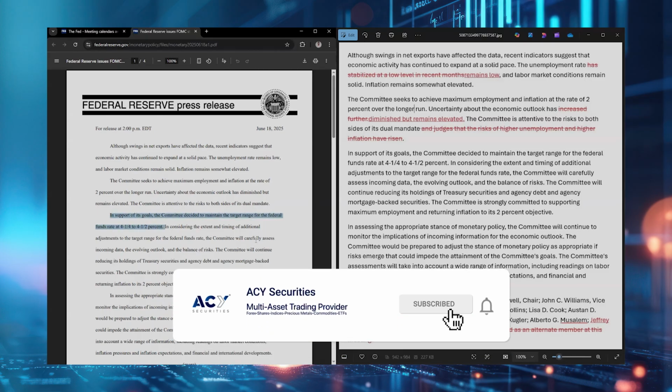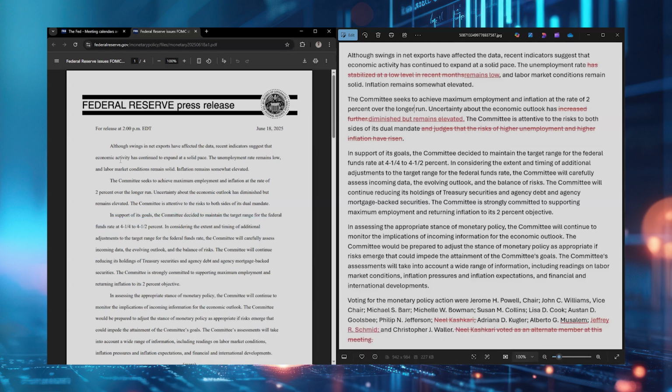But if we go a little bit into the first paragraph on this one, we can see already that the last month's statement said the unemployment rate has stabilized at a low level in recent months. So on this one, the unemployment rate remains low. The next one was: uncertainty about the economic outlook has increased further.